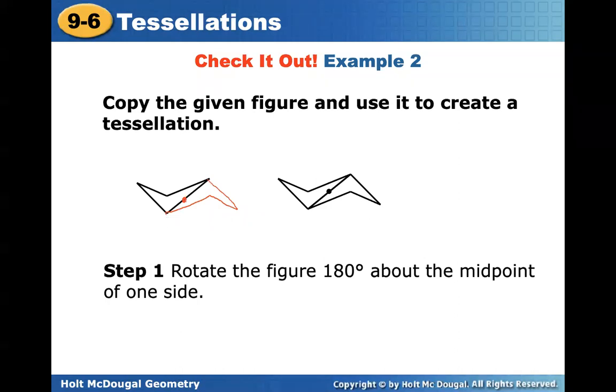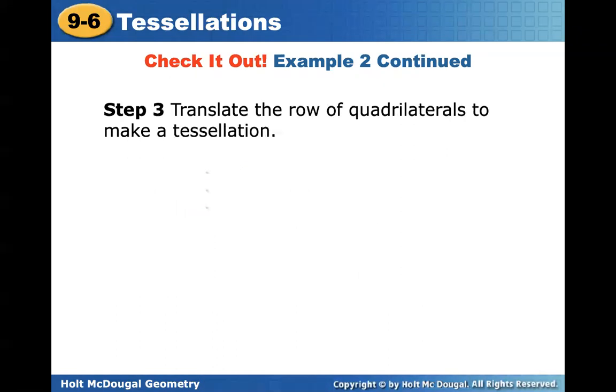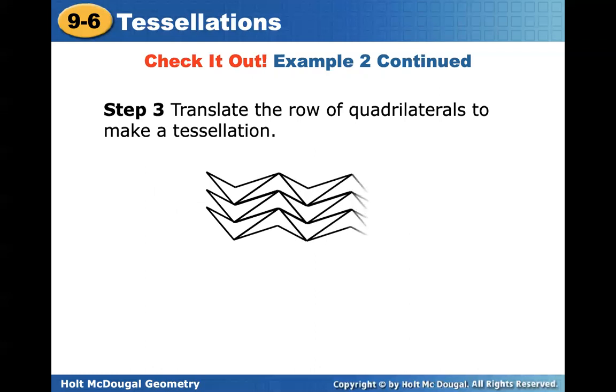Then we're going to make a row. So we just create another copy of that, or translate one copy of that to the right. And then we're going to translate that into a row. And remember here, we still have a 4-sided figure.